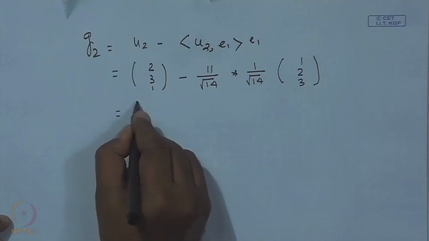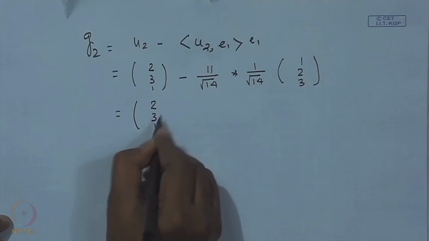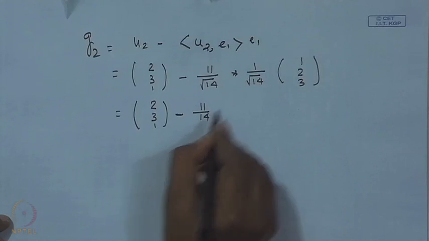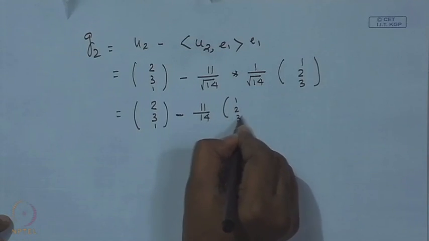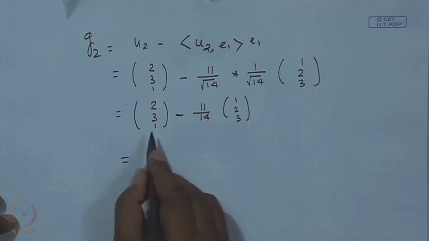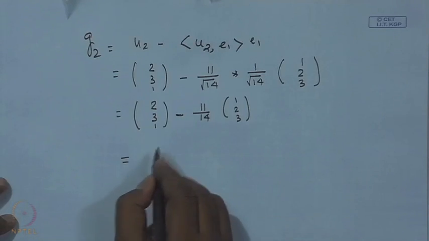So, this becomes 2 3 1 minus 11 by 14 times 1, 2, 3. We can get the elements of the vector g2.